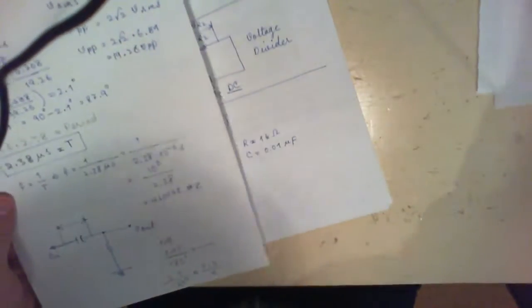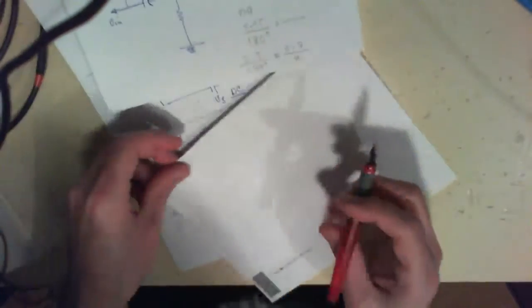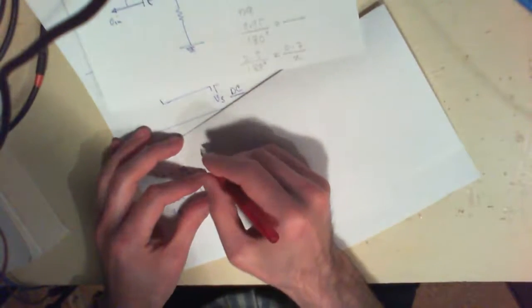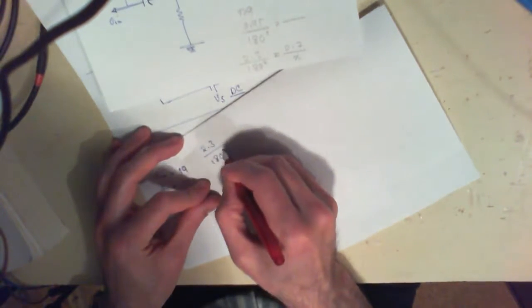So now comes the calculation. I didn't actually want this video to be so long, but there is no other way. Okay, so based on the reading that we made, 2.3 horizontal units was equal to 180 degrees.